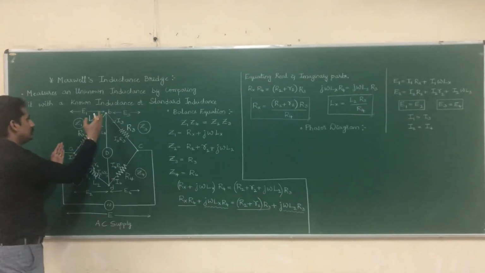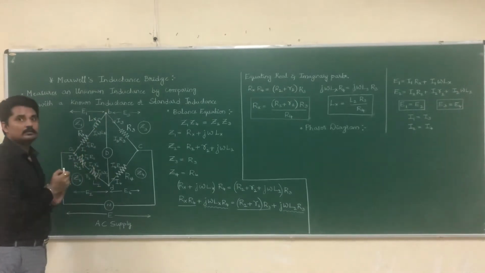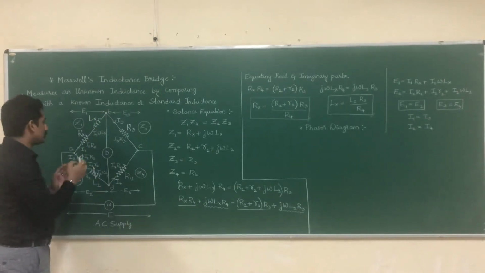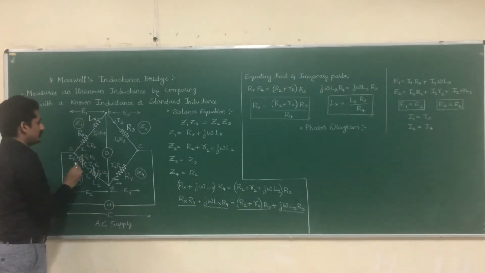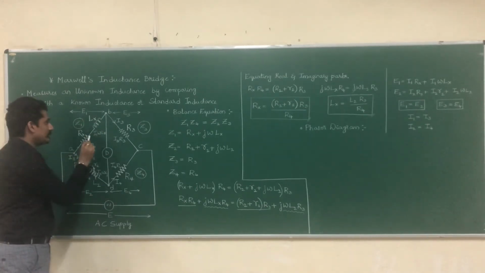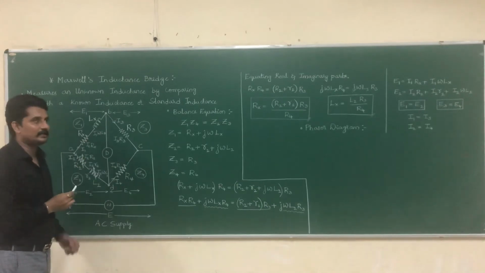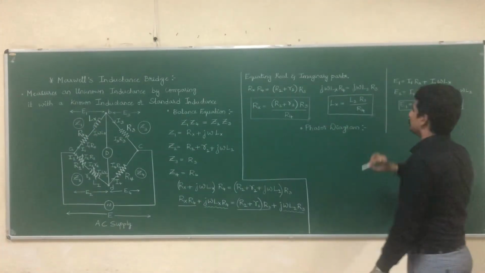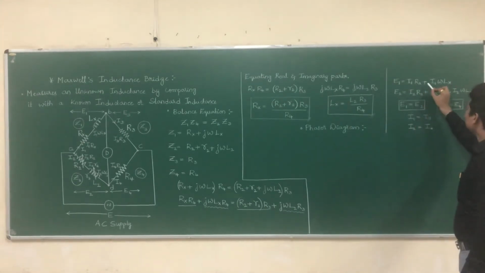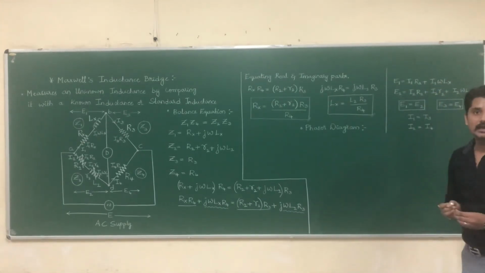E1 is the potential drop across arm AB, which is I1 Rx plus I1 omega Lx.